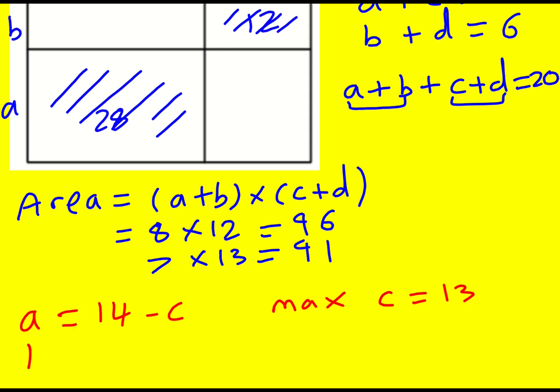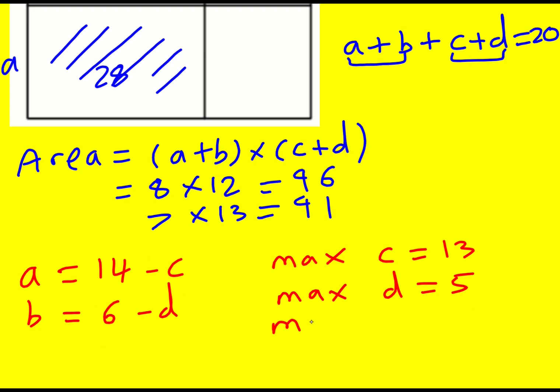And then we also get that B is equal to 6 minus D, and that means the maximum value of D is going to equal 5. And hence the maximum value of C plus D is going to equal 18. It can't be more than that.